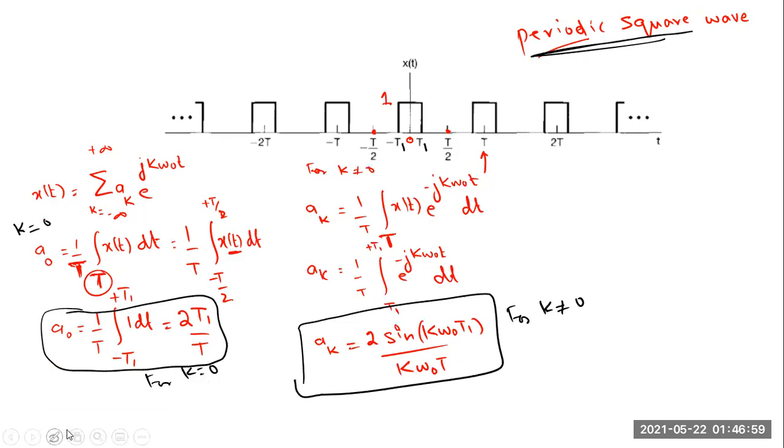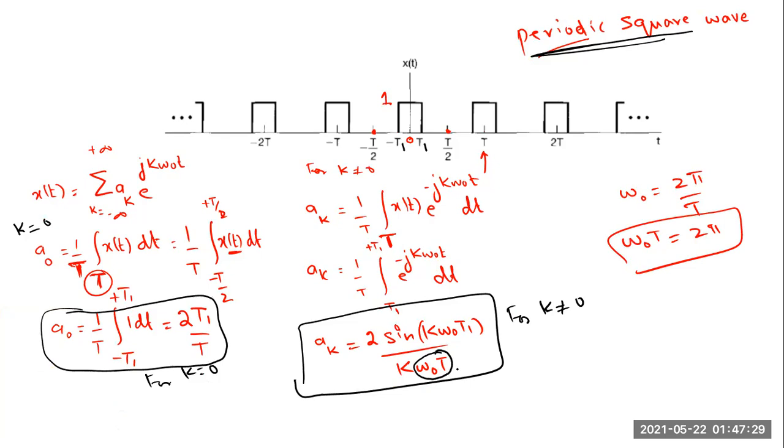We can also simplify this expression because we know that omega naught is equal to 2 pi by capital T, which means omega naught T is equal to 2 pi. So this omega naught T, we can replace with 2 pi.